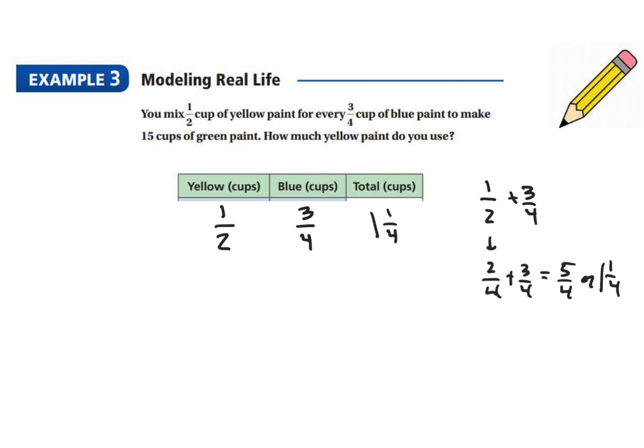So now it says you mix and you want to get 15 cups of green. So this was 5/4. So let's continue our table then.